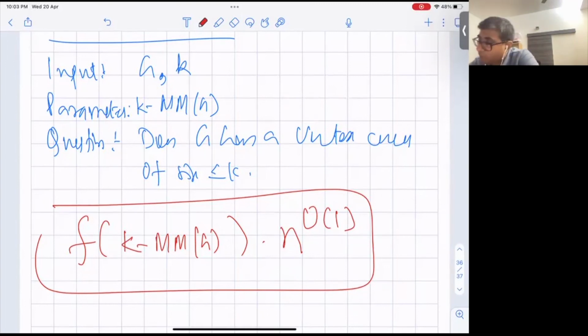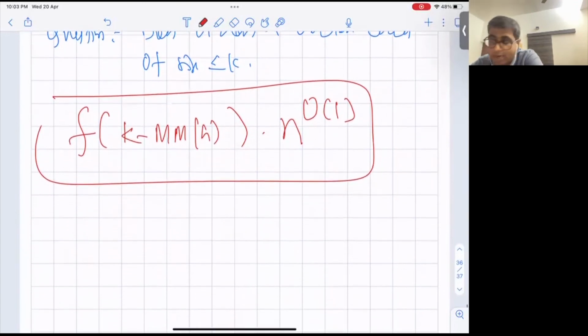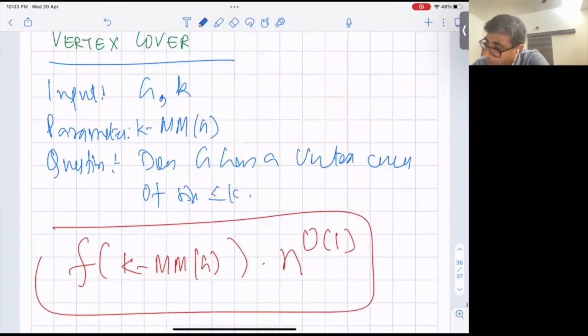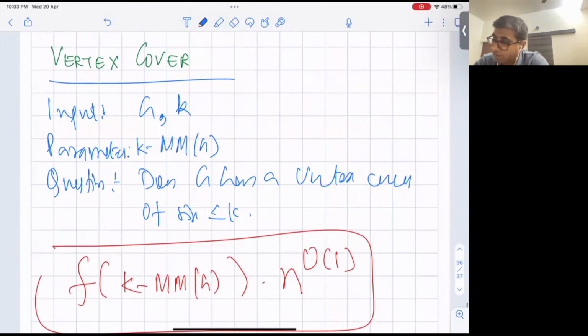Suppose we had an algorithm for this problem, which I call vertex cover above matching.